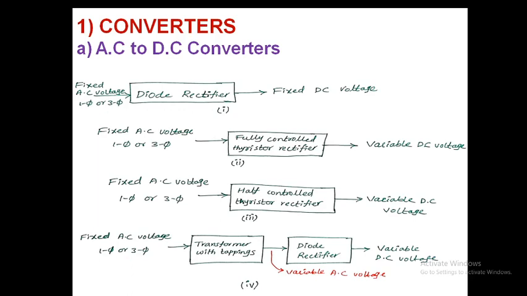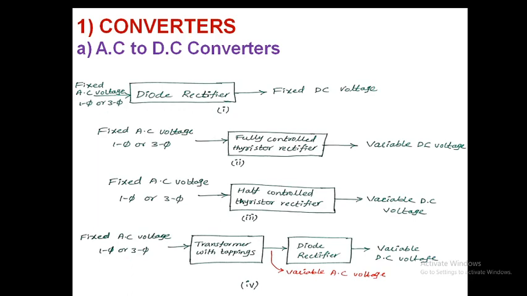That's what a variable AC voltage is. By using that AC voltage and keeping the diode bridge rectifier, you'll get the variable DC voltage. Unlike the first one, in the fourth one we have used transformers to get the variable AC voltage. From that variable AC voltage, we are getting the variable DC voltage.